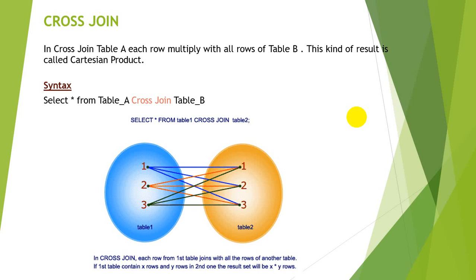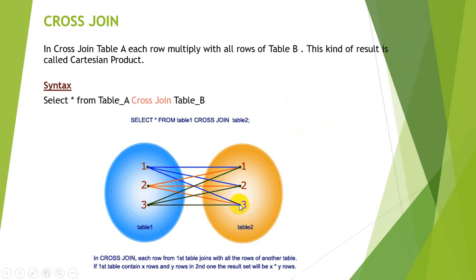In table A we have 3 records. Similarly, in table 2 we have 3 records. The first record of table 1 will multiply, which means it will show the result of one record with table 2 record 1, similarly table 1 with 2, table 1 with table 2 record 3.